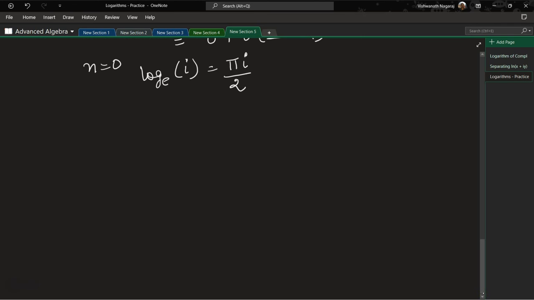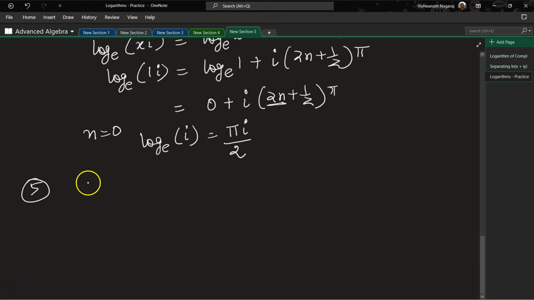Now let's look at the next problem. Let's say now we are not talking of purely imaginary. Let's say this is which problem? Fifth problem. Let's say we have to figure out the log of 1 plus I equal to what?